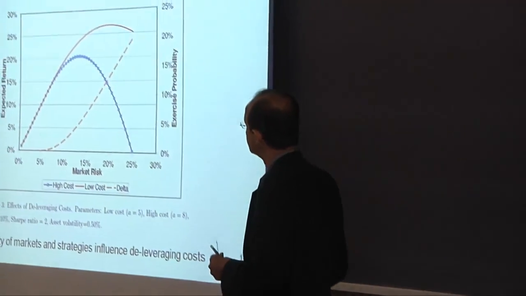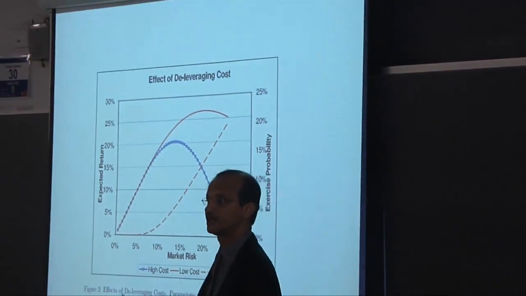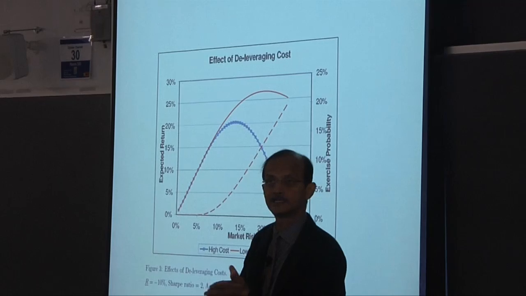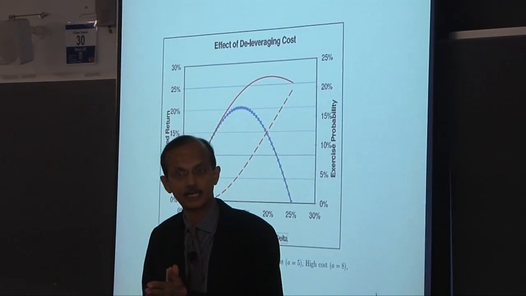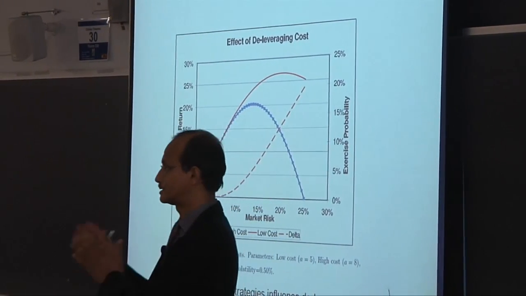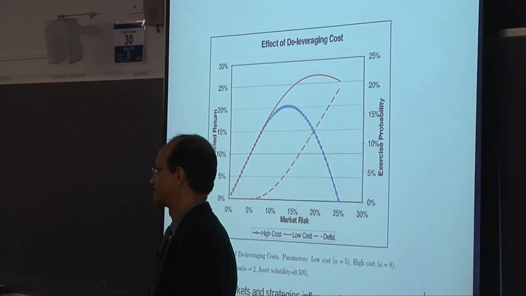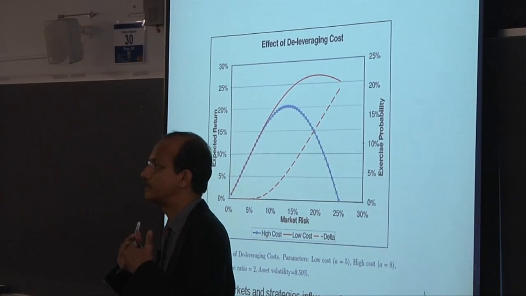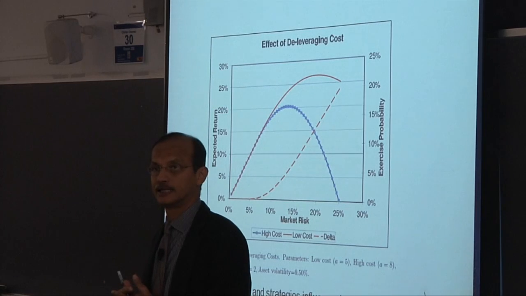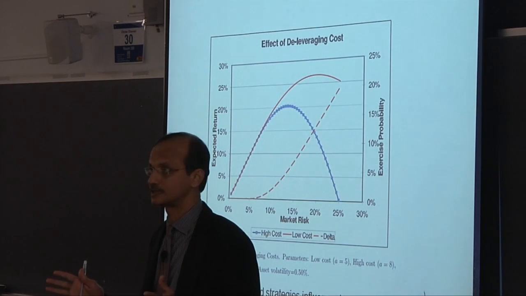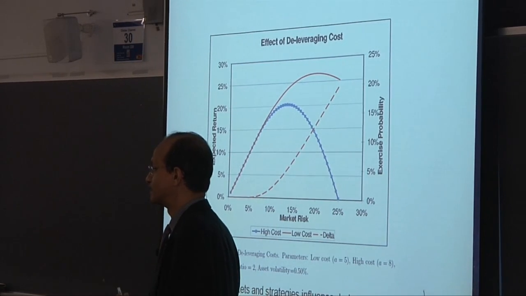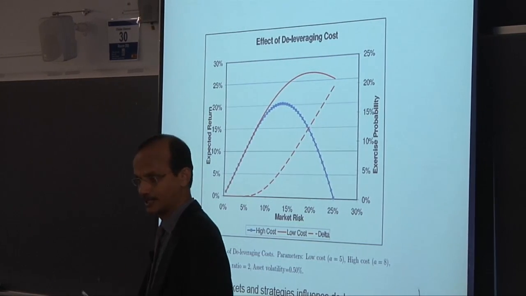I had mentioned earlier, deleveraging cost is going to be very important. Many fund managers found out in 2008 that what they assumed to be highly liquid strategies turned out to be illiquid. And they were forced to delever precisely under the same circumstances when others were delevering, making the deleveraging cost extremely high, right?